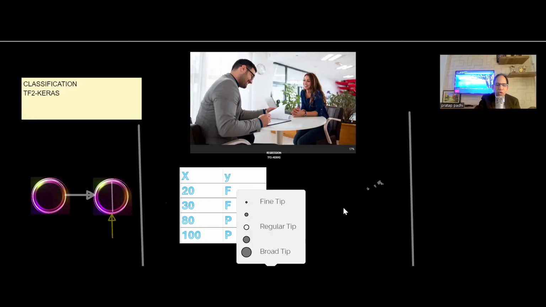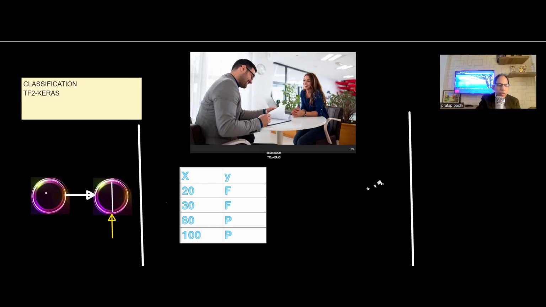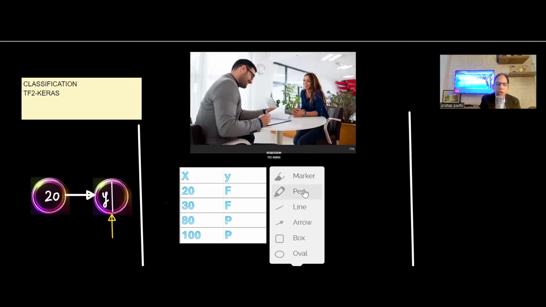So now the training starts. How will we train first? Here we'll send 20. Done. And then you will get a number, suppose y. What is y? There is a linear combination between the input and part of the output here, not the full output, right?